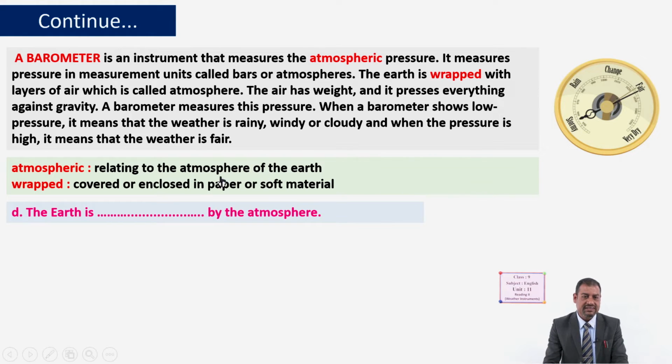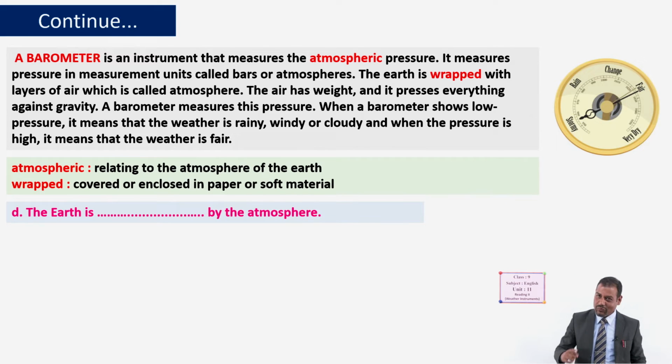Now again you have to find out the information for this blank. The earth is blank by the atmosphere. So what is the correct word for this blank? Now you all find it out. Are you searching? Good job. Have you got it? Wow, very nice. And what is the right word? And where do you find it?